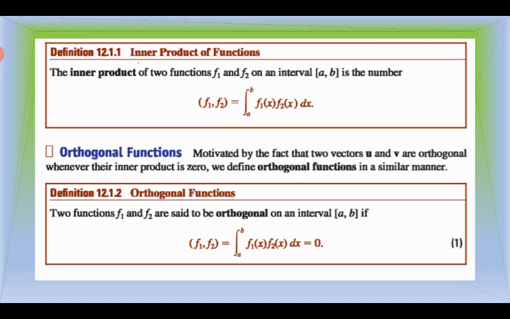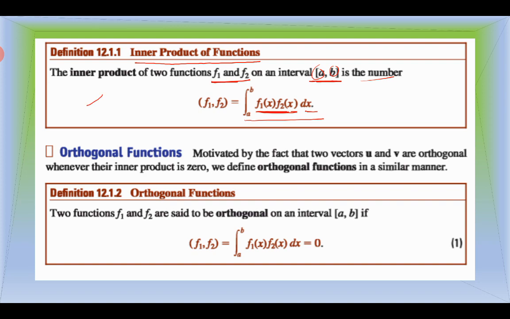Now, the inner product of two functions. Instead of vectors, we get functions. The inner product of two functions f1 and f2 in the closed interval [a, b] is the number given by the integration. We multiply these two functions and integrate the output from the lower limit to the upper limit with respect to the variable x, which is called the inner product.